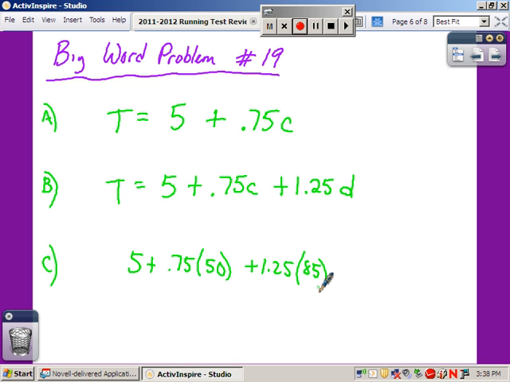This is probably a calculator problem, so go ahead and punch that in really quickly. Okay, all in and into the calculator, I get a total of $148.75.